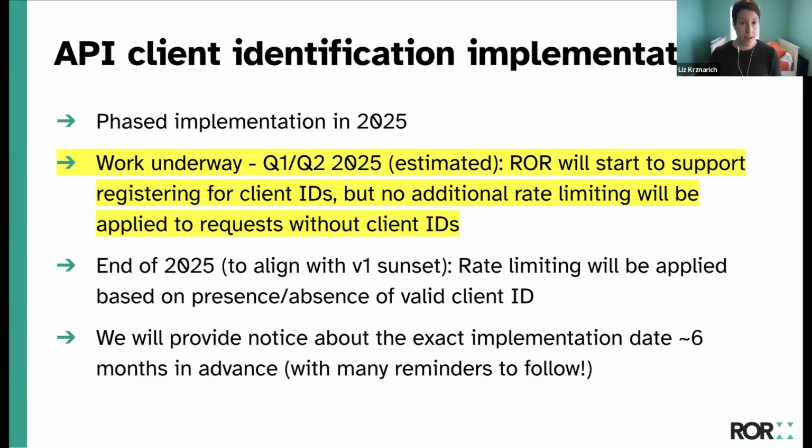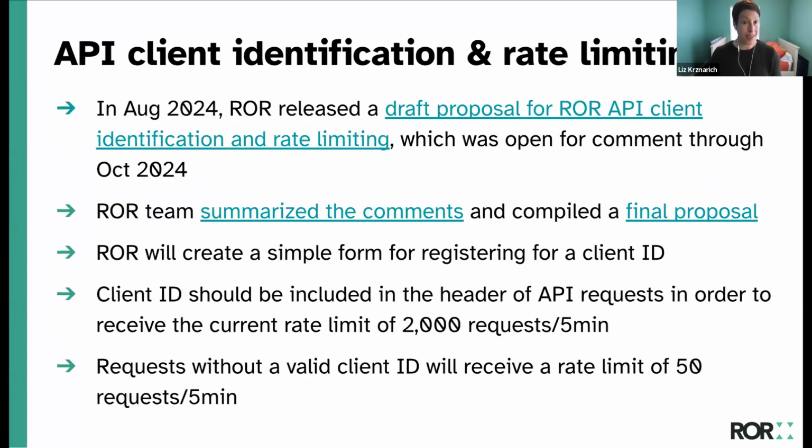I added a slide in here that goes through the background information. This is more for folks who haven't been here before. We started this work on API client identification and rate limiting way back in August of 2024 and went through a couple of community feedback rounds and put together the final proposal, which you can look at with the links that are available in the meeting notes and in these slides.